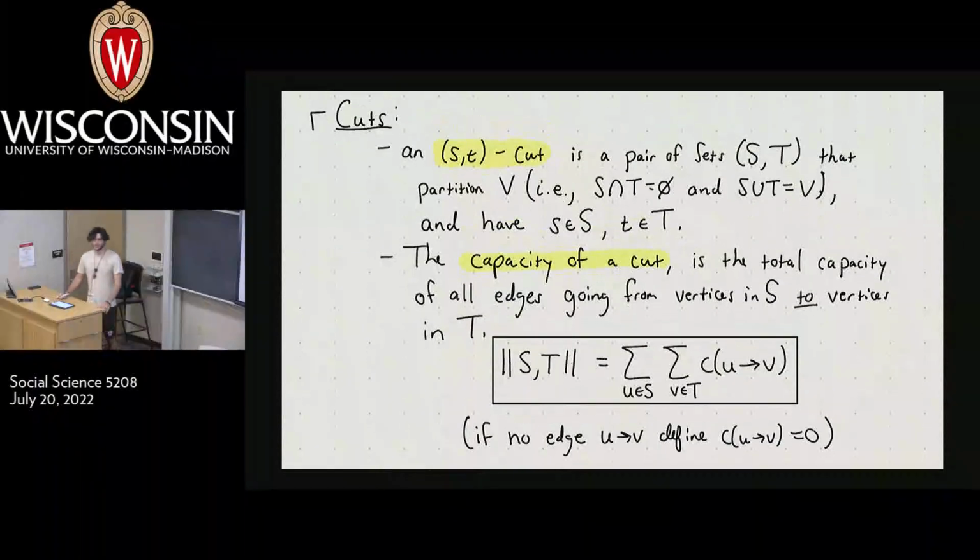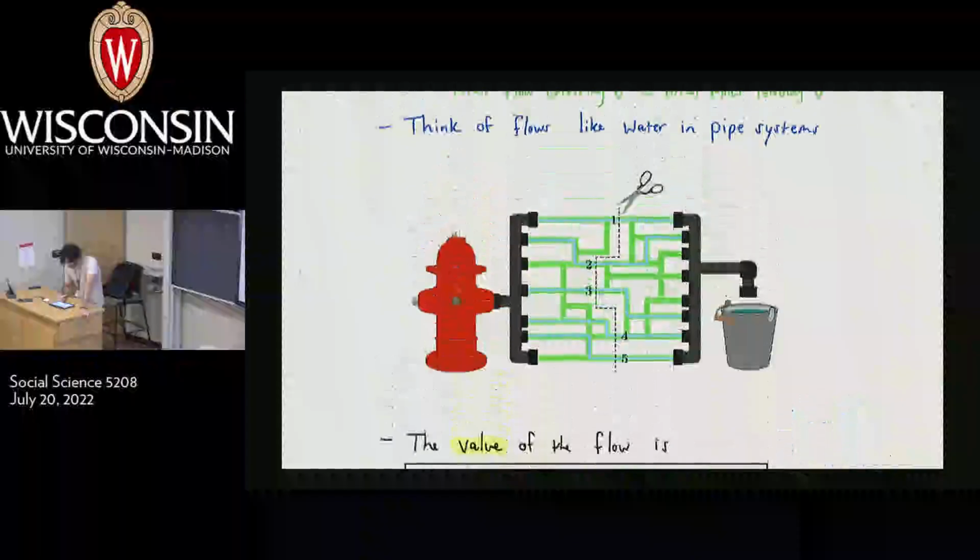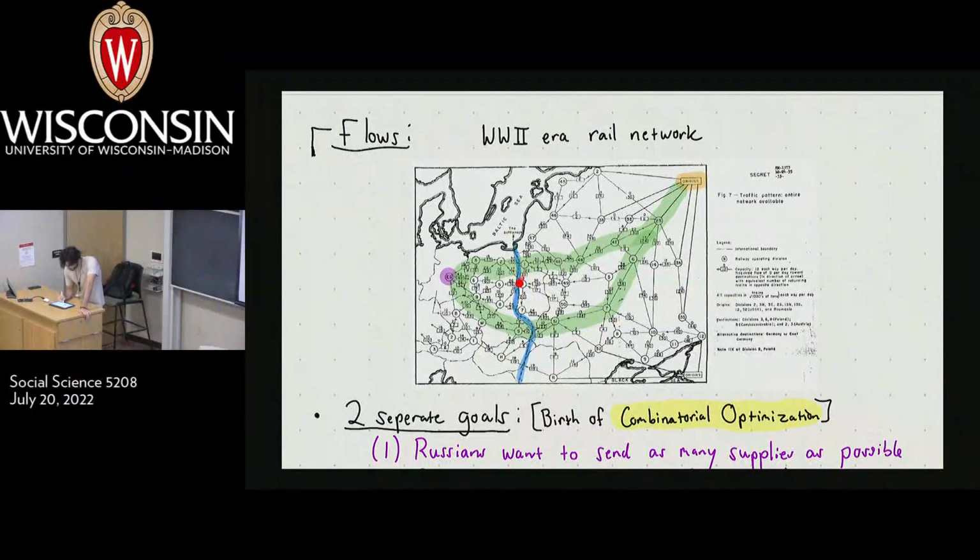Okay, so now let's talk about the other problem, which is cuts. So an ST cut is a pair of sets, capital S and capital T, that partition V. And just to remind you what a partition is, this means that S and T are disjoint, so they don't have any vertices in common, and in total, the union of S and T is all of V. So, like in the picture above, this blue line right here is a cut, and all of the nodes are either on the left side of the cut or on the right side of the cut.